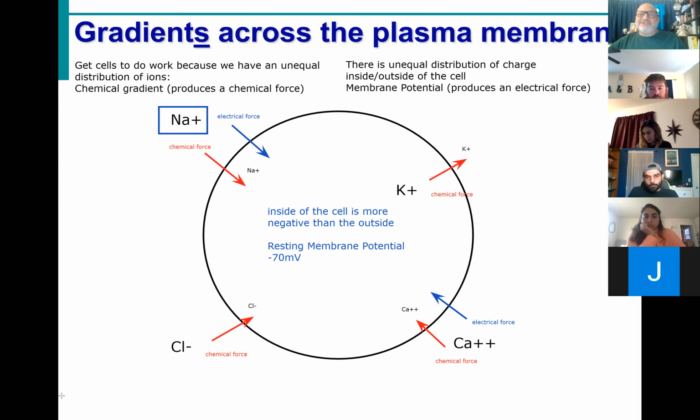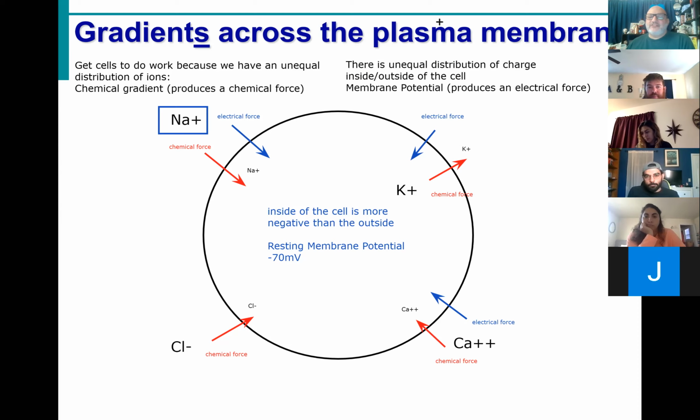Notice for chloride and potassium, it's a little bit more complicated, right? Potassium is a positive ion. Its concentration gradient wants it to move out. But what about the electrical force of potassium? Which way does the electrical force of potassium want to go? In. It wants to go in. Now, what do you think? Are these two forces equal? No. You know the answer to this.